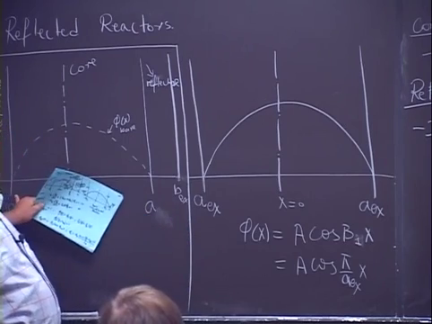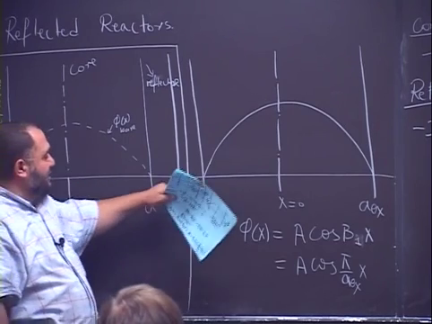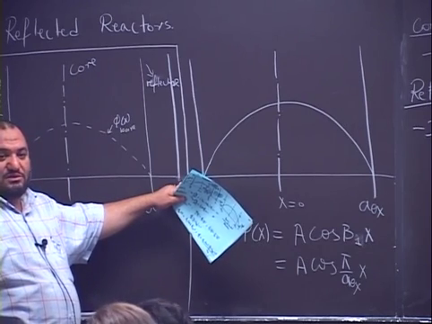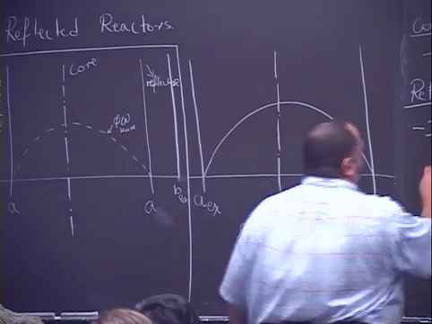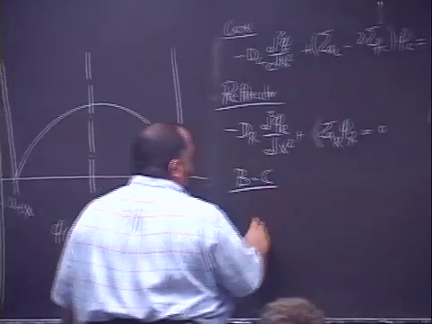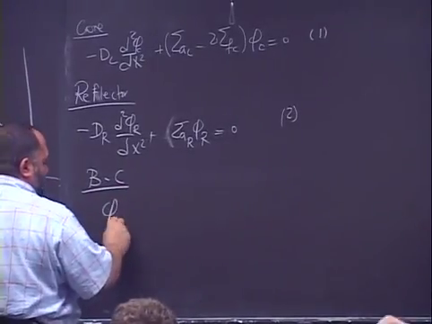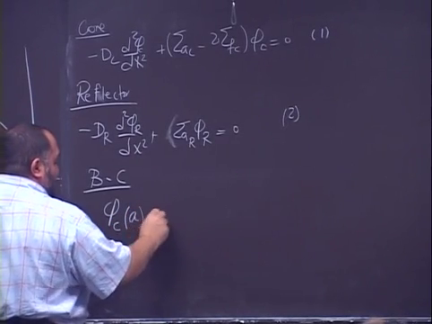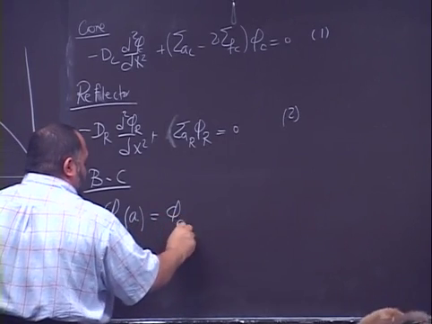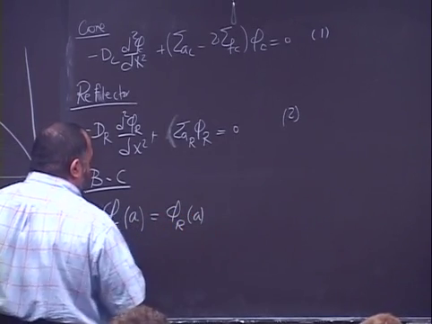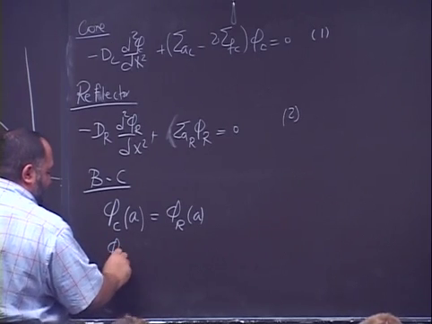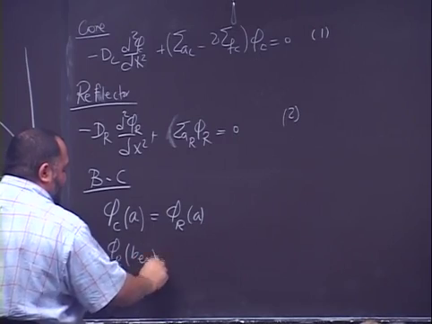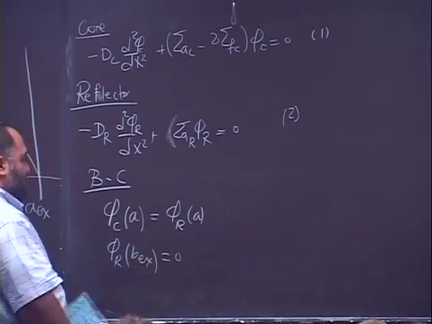And the second boundary condition is phi at the extrapolated distance should be equal to 0. So the boundary conditions are phi core at x equal to a is equal to phi reflector at x equal to a, and phi reflector at x equal to b extrapolated should be equal to 0.